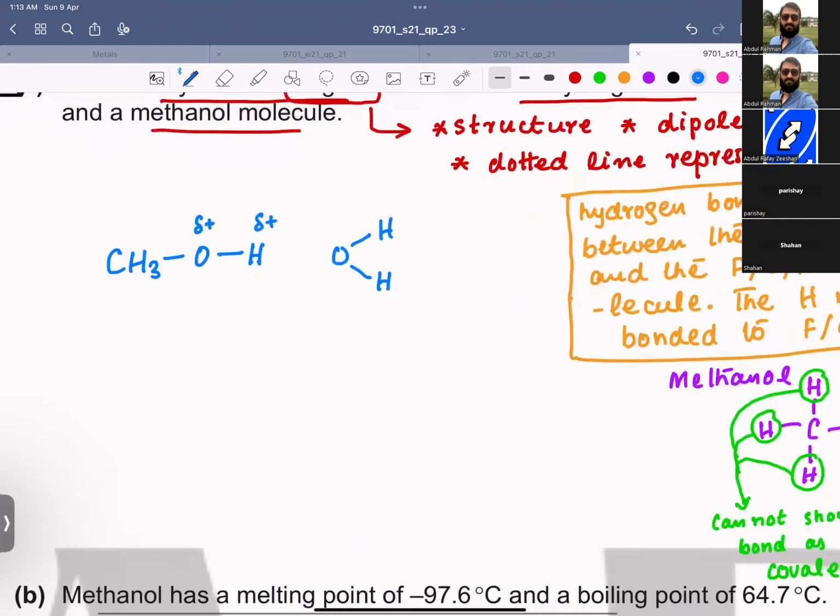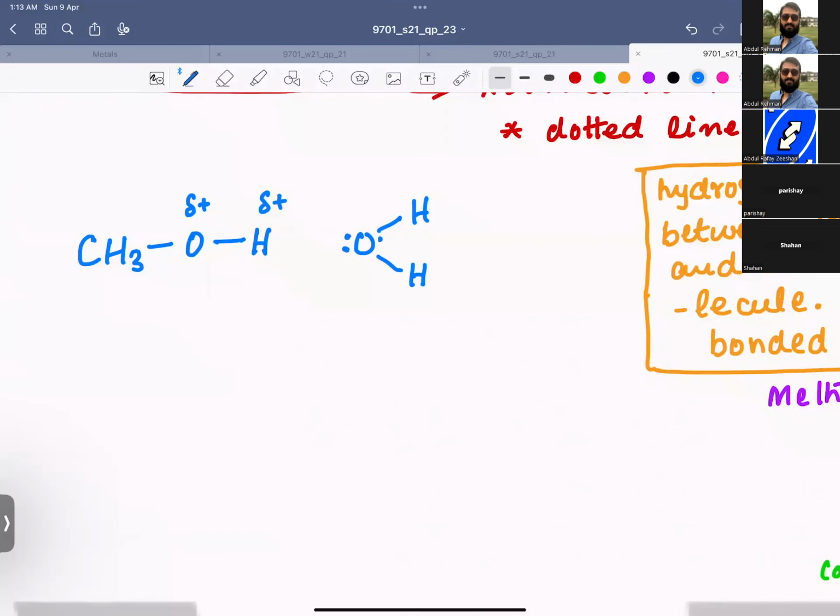So this oxygen has a lone pair. Again, the hydrogens bonded to oxygen are partially positive and the oxygen is partially negative. So this oxygen of a water molecule can attract this partial positive hydrogen, and we show this attraction by these dotted lines, and this attraction is a hydrogen bond. Is this clear to everyone? Yes, sir.